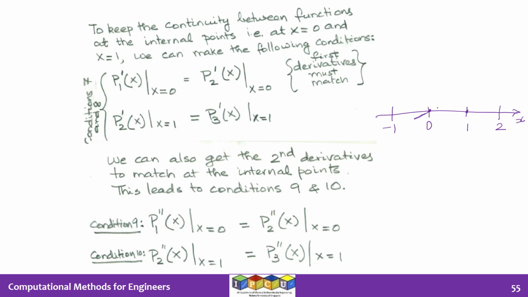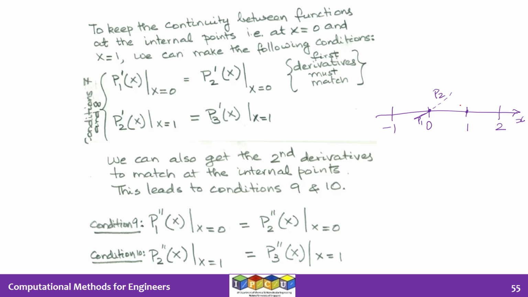We want polynomial P2, which is valid between 0 and 1, also to have the same slope at x equal to 0. So this is the P2 polynomial, this is the P1 polynomial. We do not want jumps in the derivative for P1 and P2. We want them to be very smooth. Therefore, the derivative of P1 at x equal to 0 should match the derivative of P2 at x equal to 0. That ensures smoothness or continuity, as we might call it.